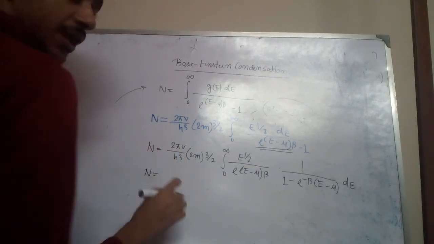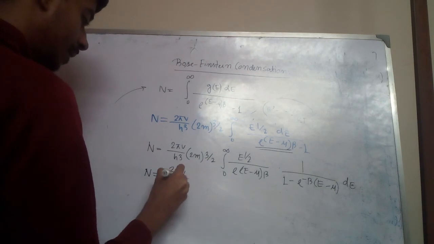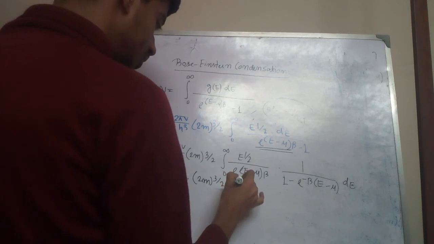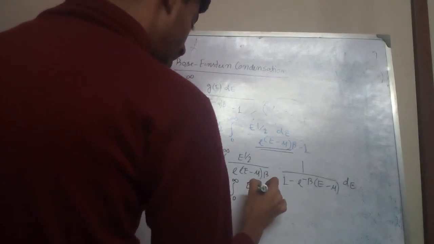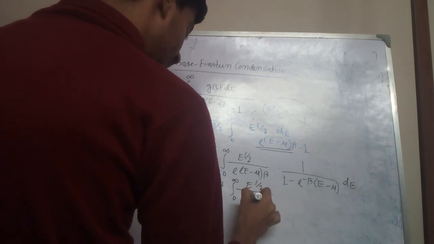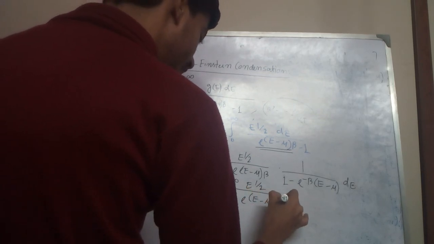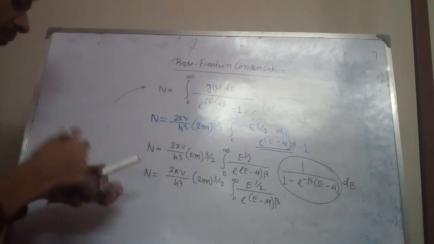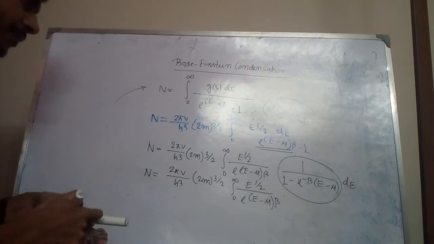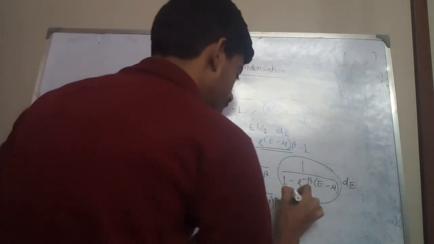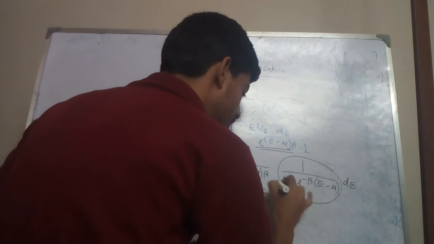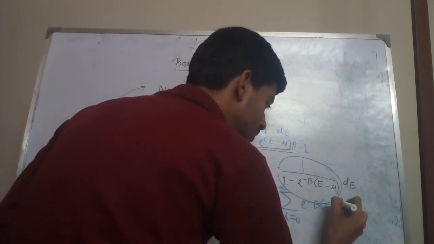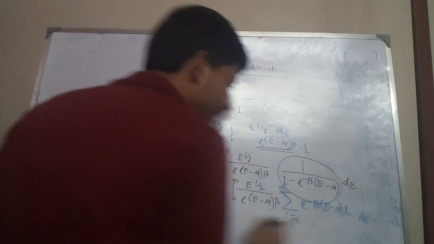So N equals 2 pi V by h cube, 2m to the power 3 by 2, integral from 0 to infinity of e to the power half, e to the power minus (e minus mu) beta, and this last term we express differently. We express it as an exponential series, L running from 0 to infinity, e to the power minus beta (e minus mu) into L, dE.